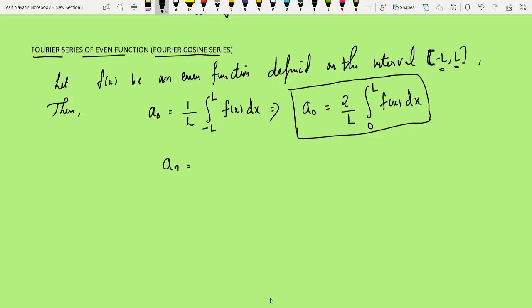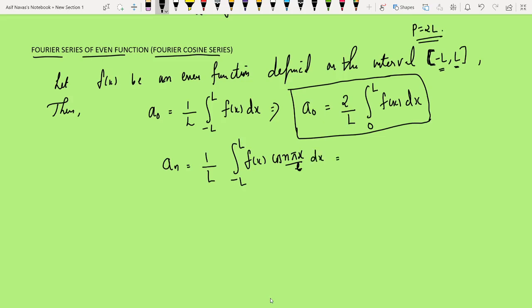What will be An? The formula is 1 by L integral from minus L to L of f of x cos n pi x by L dx, because I am using L. Our interval is minus L to L and our period is 2L, not 2 pi. This is a general case.